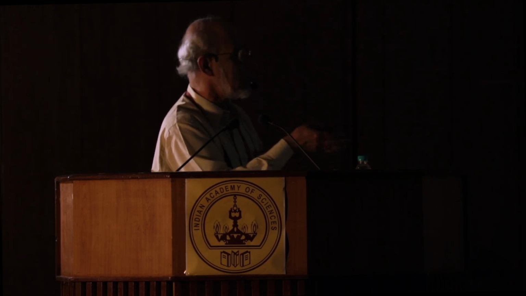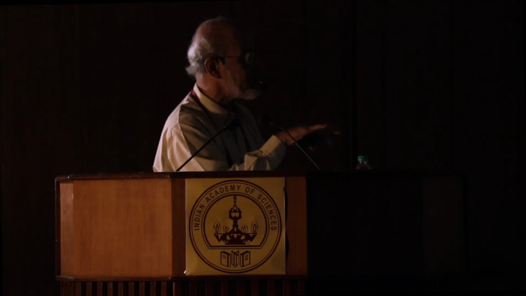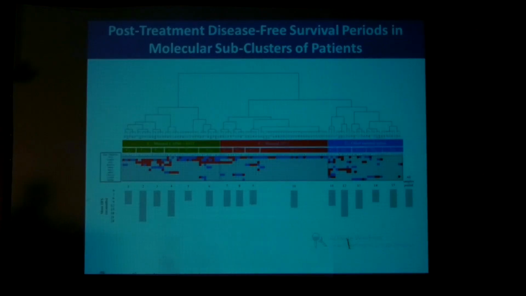So post-treatment survival depends on which branch of the tree, and the length of this vertical line is essentially proportional to the length of time that this person will survive without any intervention post cancer treatment. As you can see, these bars are not all of equal length.